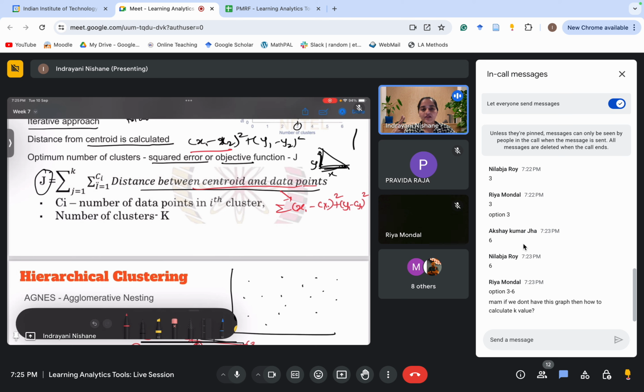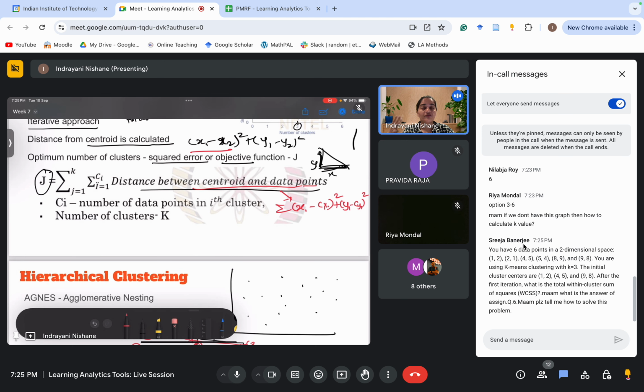So if there are 3 centroids and 5 data points, then for all 5 data points from that particular center we will calculate and add them. So there are 3 centroids, C1, C2 and C3, and 5 data points, A1, A2, A3, A4 and A5.